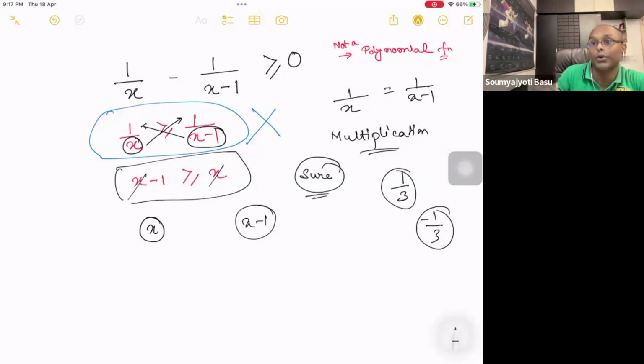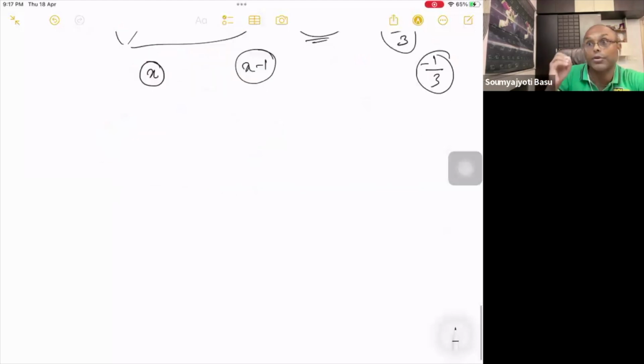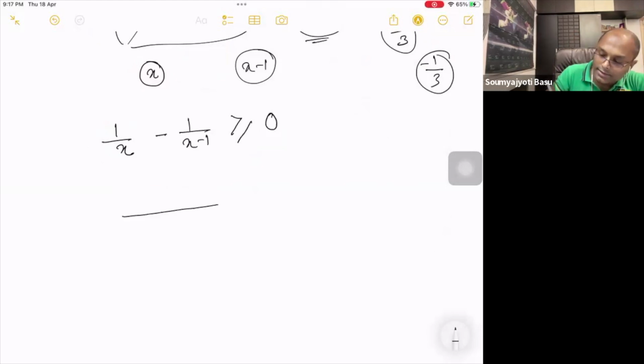Let's show you, okay? This is a very important problem. Be very careful. So 1 by x minus 1 by x minus 1 is greater than or equal to 0. That's the inequality we are solving. I can write this as x minus 1 minus x greater than or equal to 0.